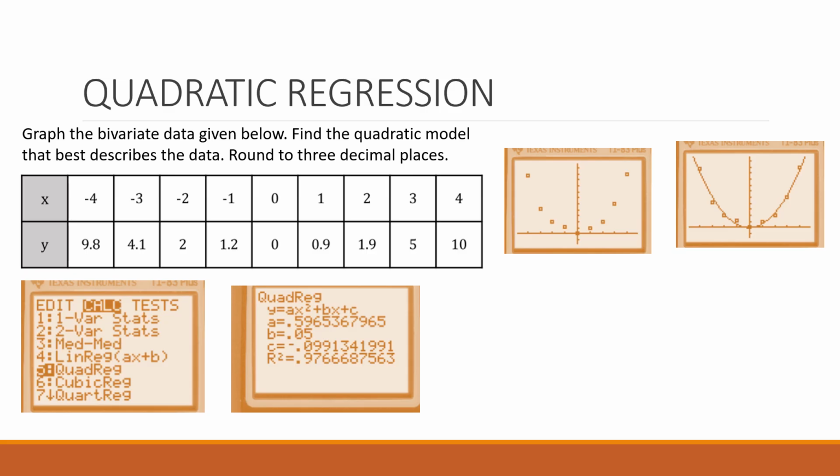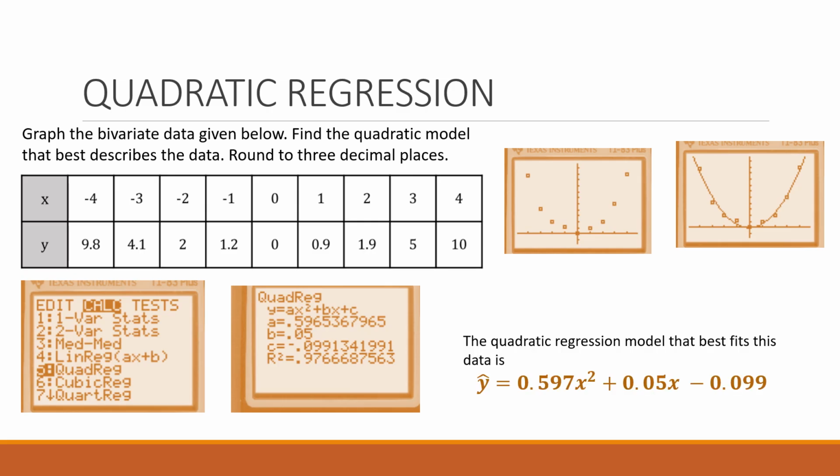We can put that equation in our y1, and it does fit our data very well. The quadratic regression model that best fits this data is y hat equals 0.597x squared plus 0.05x minus 0.099.